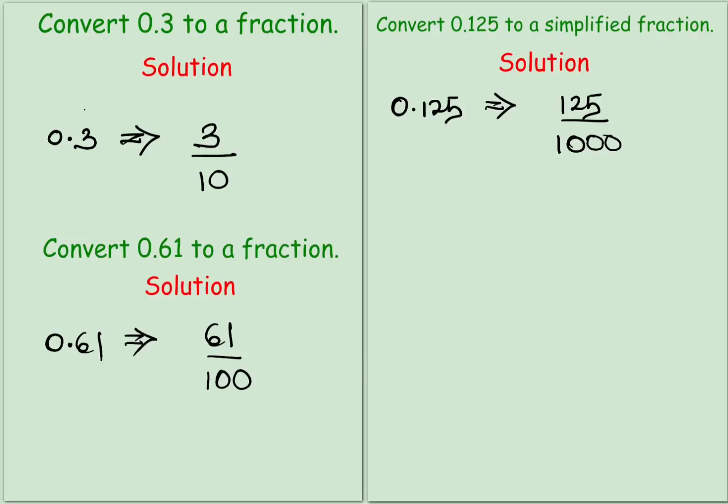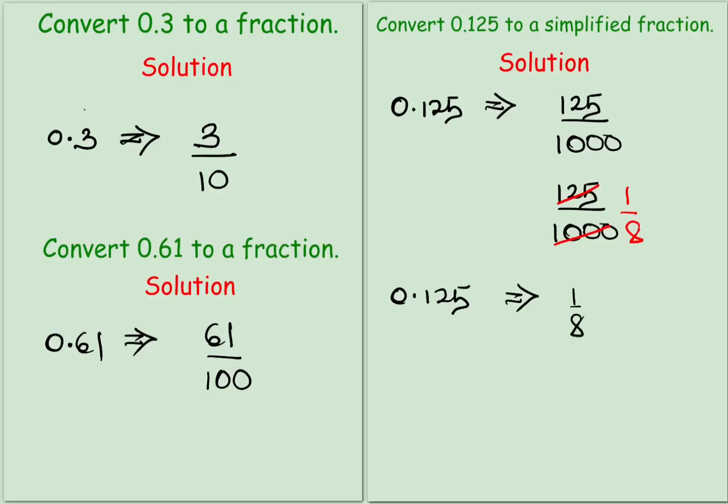You see, so 125 is a factor of 1000. Hence, we would have to do our simplification. If you can't do it directly with your 125, you can use 25 or any common factor. 125 divides itself once, and then it divides 1000 8 times. So it simply implies that 0.125, when changed to a fraction, becomes 1 over 8.